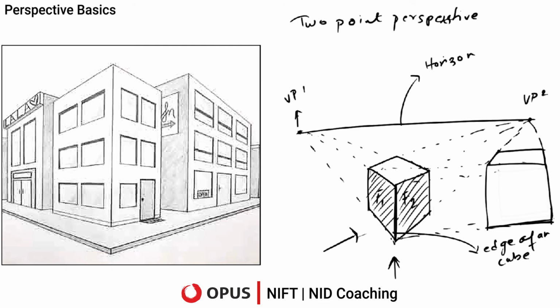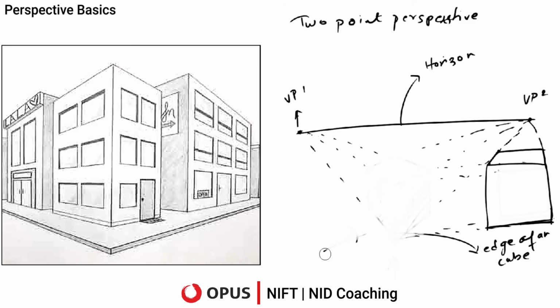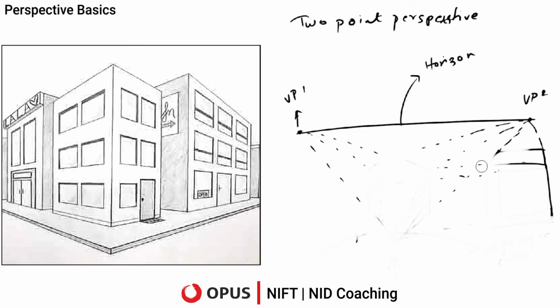So it is important to understand why we get two-point perspective in one case and one-point perspective in the other, and how they differ. When we start drawing the same objects in two different perspectives, we start understanding why one is called one-point and the other two-point perspective.